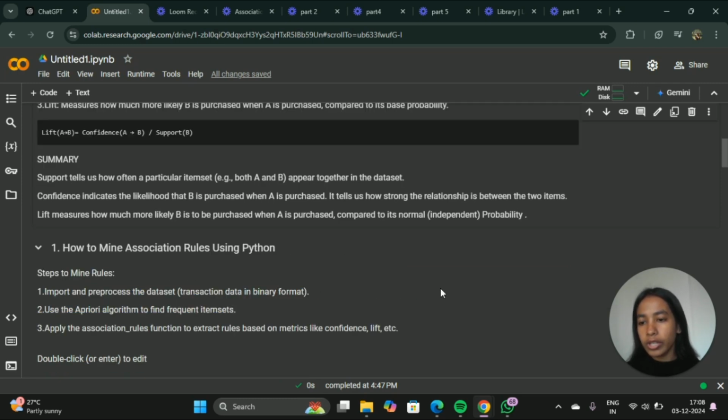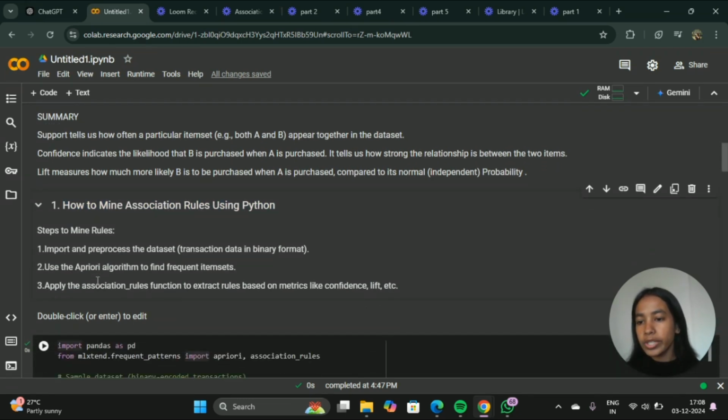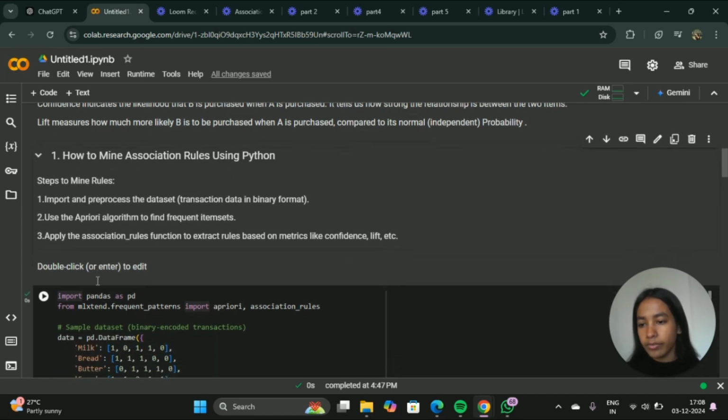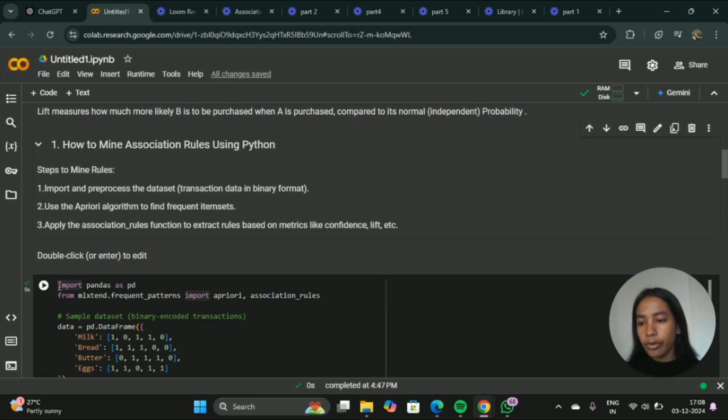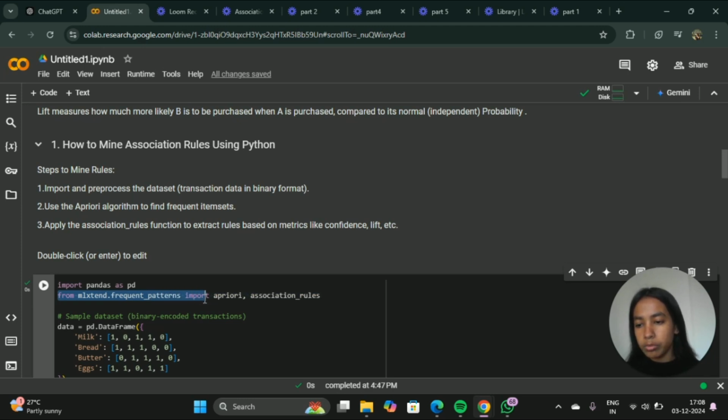Now we are going to look at how to mine association rules using Python. Steps to mine rules: first, import and pre-process the data set. Use the Apriori algorithm to find frequent item sets and apply the association function to extract rules based on metrics like confidence. In this code, we import pandas, then from mlxtend.frequent_patterns import apriori and association_rules.